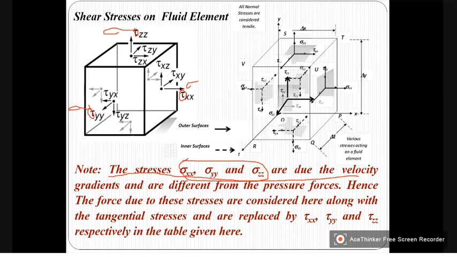But now here, in addition to the pressure term, we will get this sigma xx, which is the contribution due to shear stress. All three are due to shear stress. Two will be acting parallel to the surface and one normal to the surface, right?